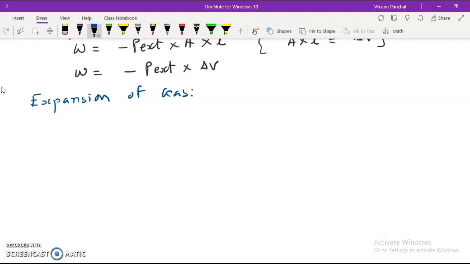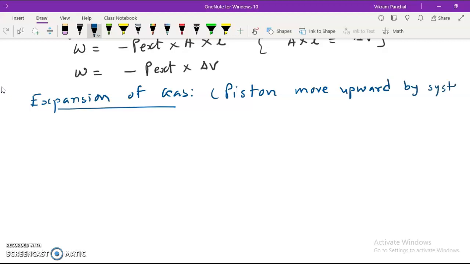When expansion of gas takes place, the piston moves upward by the system. This is known as work done by the system. That means the gas is doing work. This is the interpretation of expansion of gas.